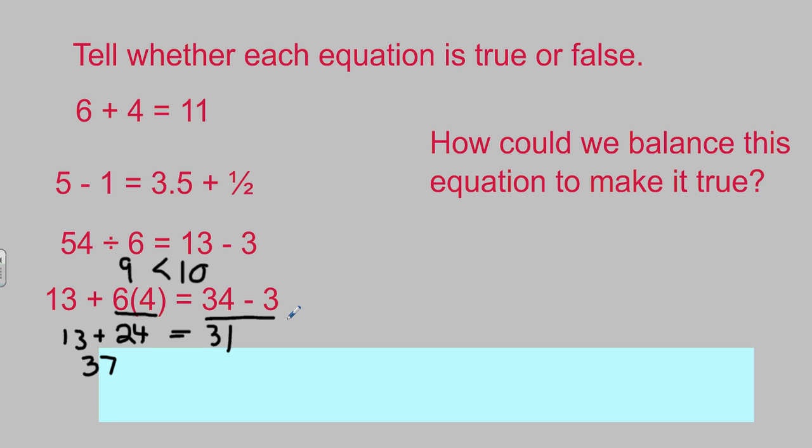Can you find maybe the mistake or the way to make this statement true by simply changing something? Exactly. If this were a plus sign instead of a minus sign, this would actually make it 37. So then we could make the statement true. But the way it's written right now, this is not a true statement.